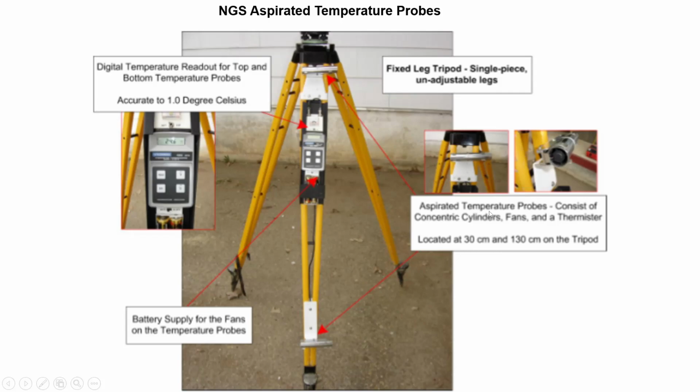The aspirated temperature probes consist of concentric cylinders, fans, and thermistors located at 30 centimeters and 130 centimeters on the tripod. So these temperature measurements allow us to avoid refraction error.